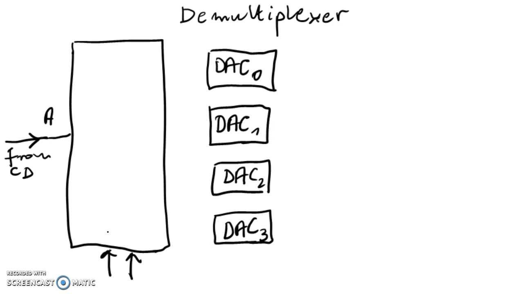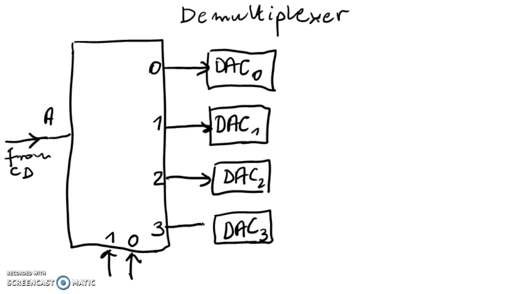As in the case of the multiplexer, the indexes are put inside the symbol of the demux. Similarly, there are 4 outputs starting from 0 and finishing with 3. These are outputs connected to the inputs of the DACs.